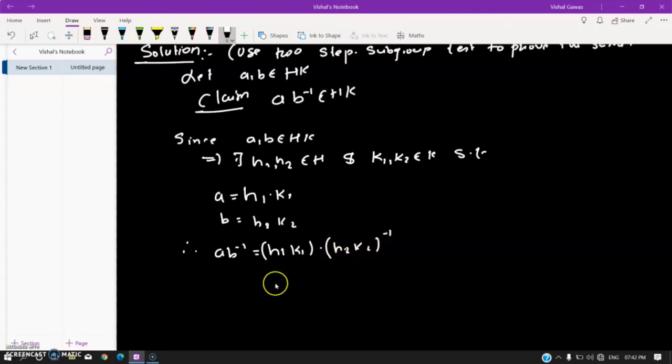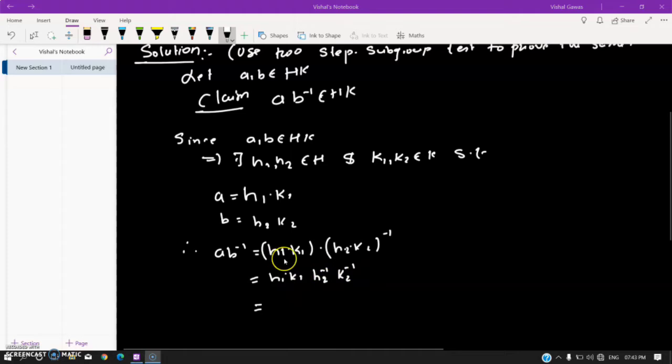Isn't it? This is equal to H1 K1 multiplied by, and since G is given to be abelian, H2 K2 inverse can be directly written as H2 inverse K2 inverse. We have already seen the property that G is abelian if and only if AB inverse is A inverse B inverse.